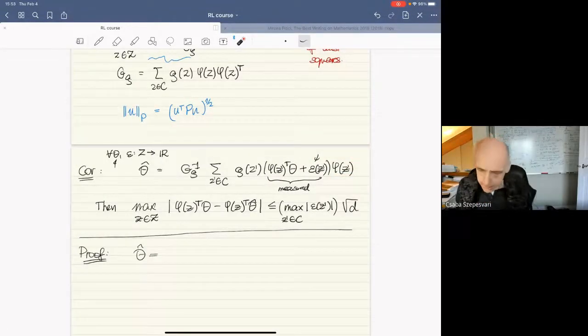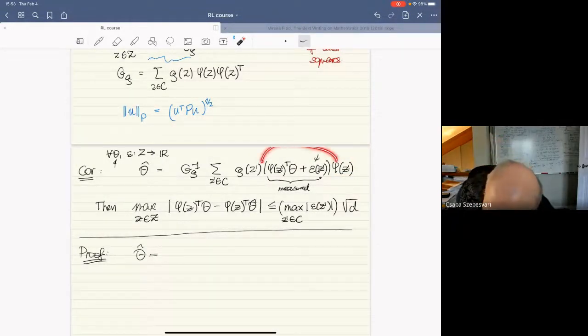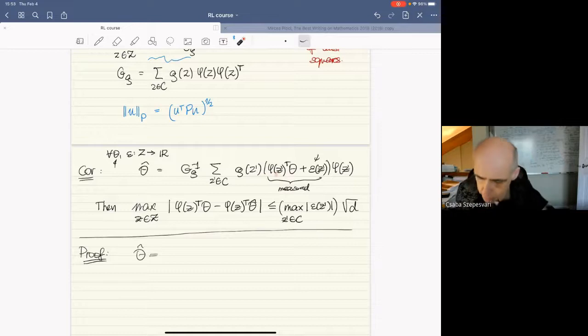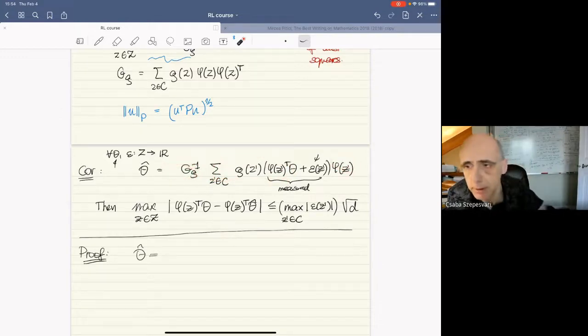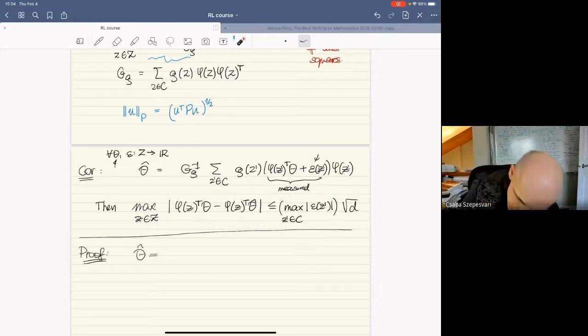It doesn't change the result. Then basically the phi would come here. That's the same thing. And then you see phi and phi transpose summed up, weighted for all values of C. So that part here, together with this feature vector, is just G rho. So that multiplied with G of rho inverse just gives you theta.